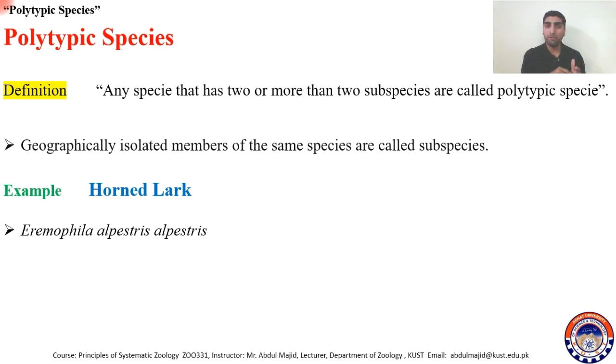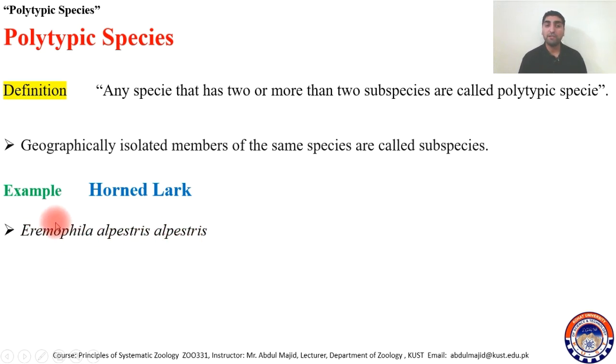So the Eremophila alpestris is the main species, the main population, and then there are many other populations. You must know that a polytypic species has a trinomial name, because the first one is the generic name, the second one is the specific name, and the third one is the subspecies name. So the horned lark, Eremophila alpestris, has one main population, that is alpestris.